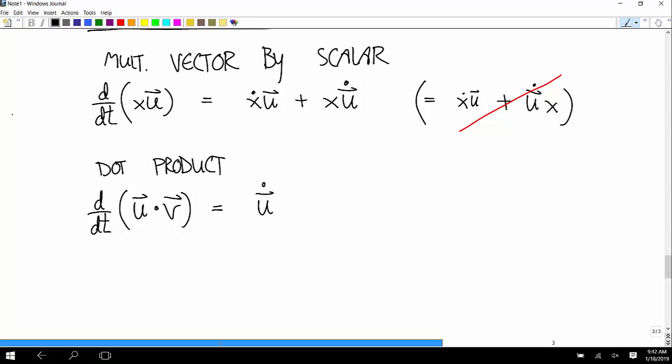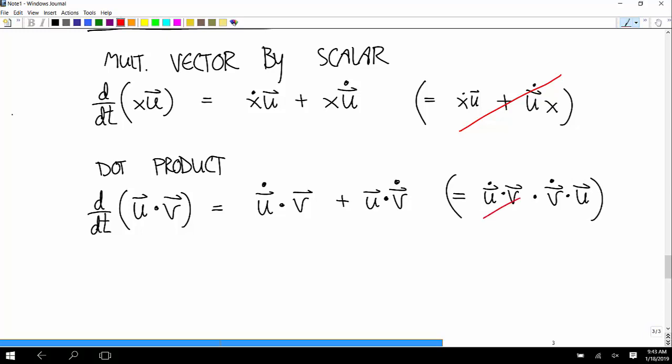So it's u dot dotted with v plus, what's the second term? Yep, u dotted with v dot. And because order doesn't matter with the dot product, that's also equal to u dot dotted with v plus v dot dotted with u. But don't think that way.